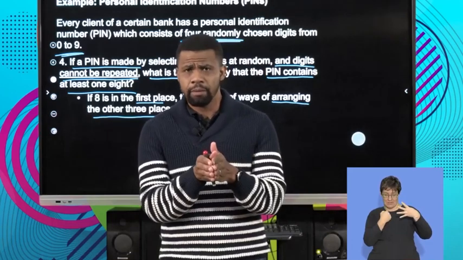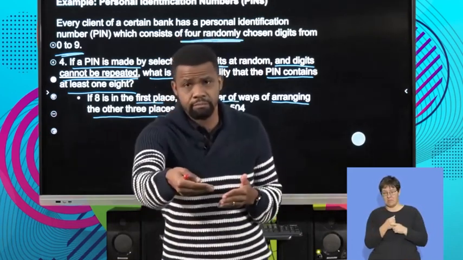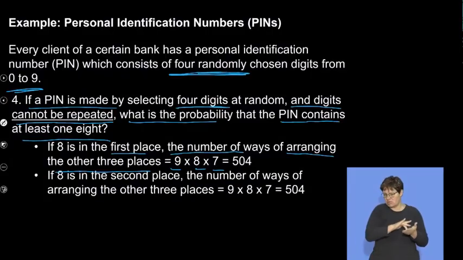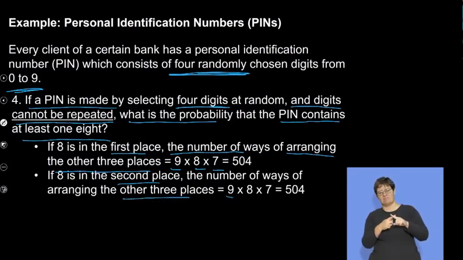Then we think about, what if 8 is in the second position? The number of ways of arranging the other 3 places will still be 9 times 8 times 7, because we cannot repeat digits.